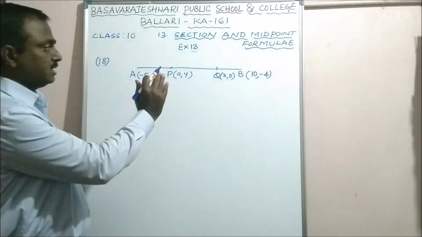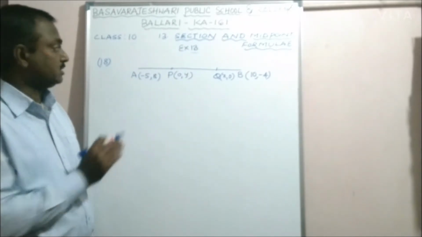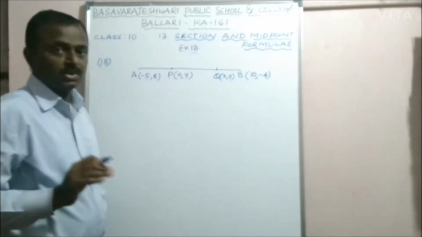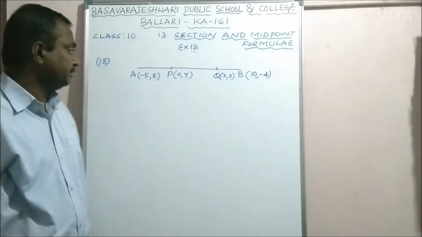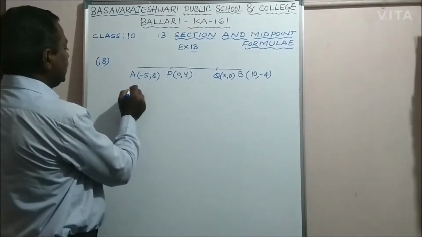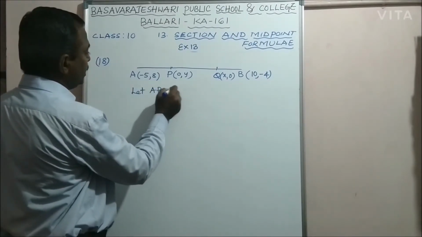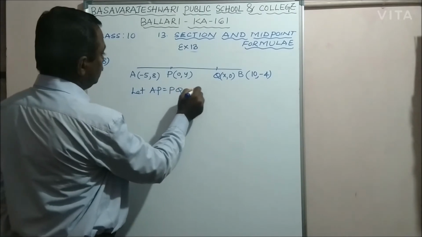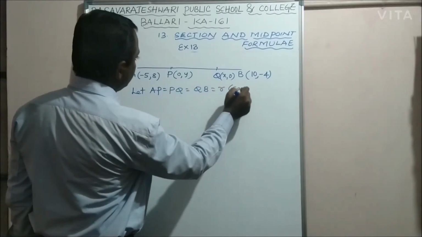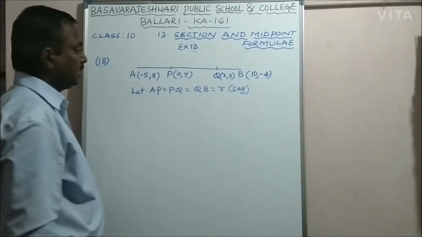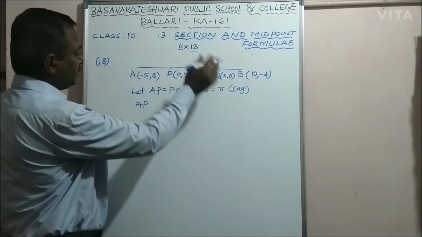It is trisected. Already we did some on how to find the ratio. That is AP is to PB, AQ is to QB. Let AP is equal to PQ is equal to QB is equal to R. Now we have to find out the ratio between AP and PB.